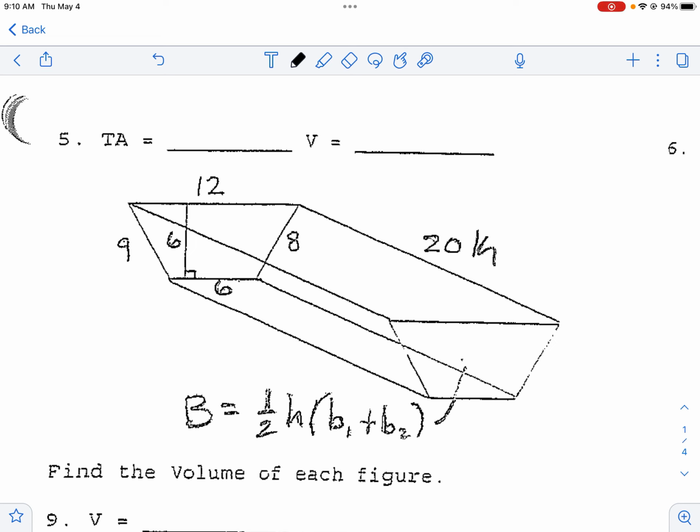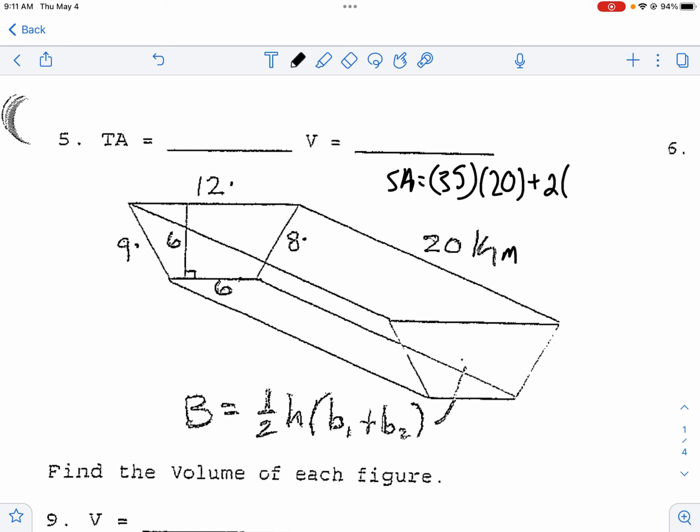Finding the surface area, which is equal to the perimeter. We'll start with that. 12 plus 6 plus 8 plus 9. 8 plus 9 is 17 plus 18, which is 35. 35 is my perimeter times the height, which is 20. I'm going to say that's kilometers. Plus 2 times the area of the base.